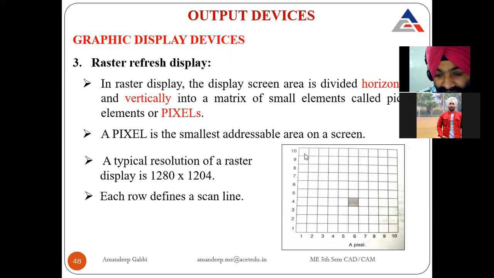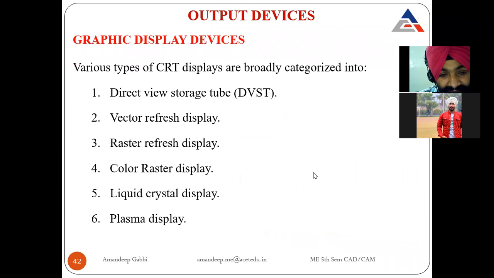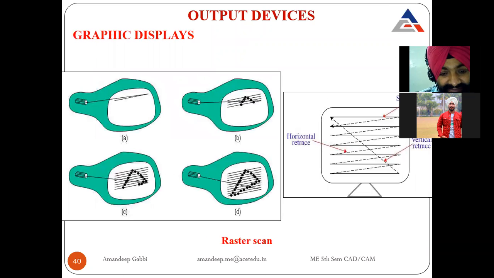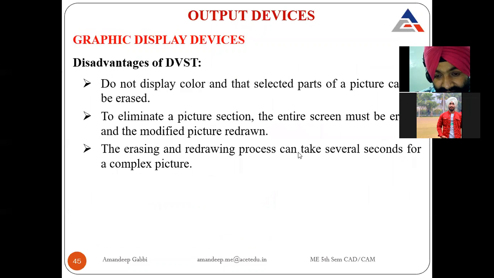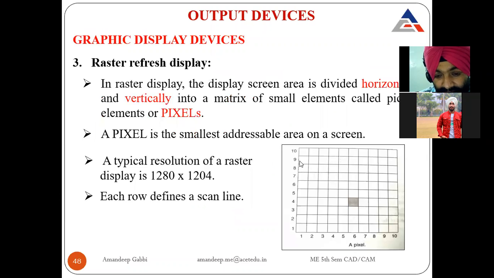When the gun is moving, each row will show you a scan line, as we have done in the last class. Each row will illuminate as the gun moves from left to right in each row to produce a complete image. It is just an advancement of the raster refresh display.